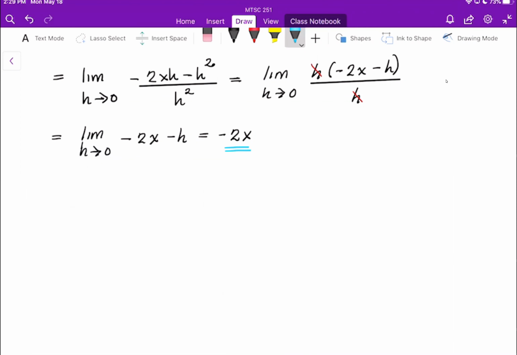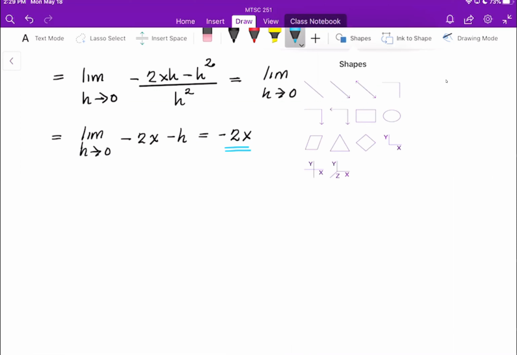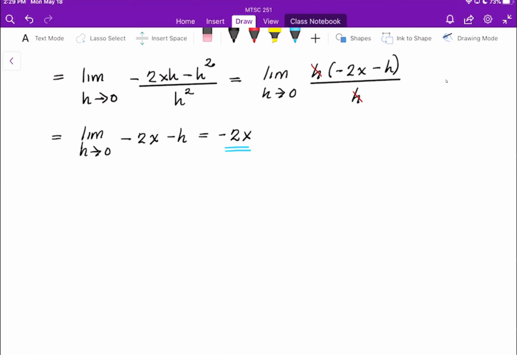When we graph this, we have a parabola, and our parabola is 4 minus x squared.